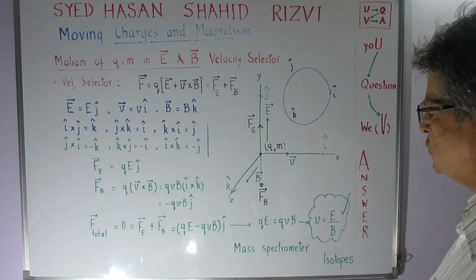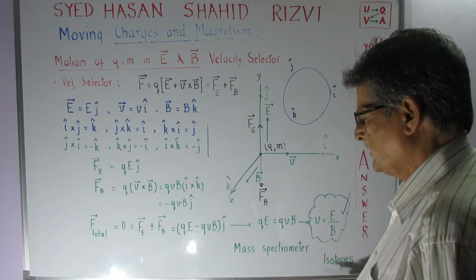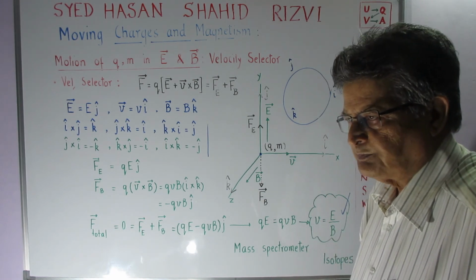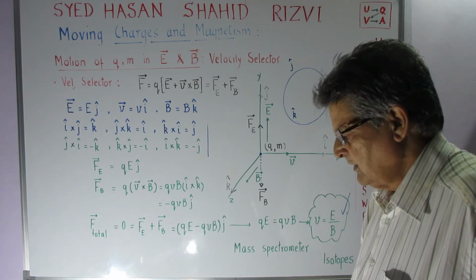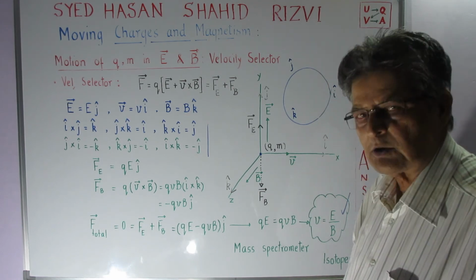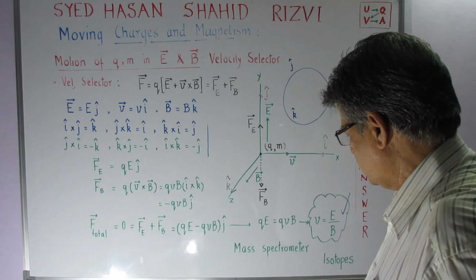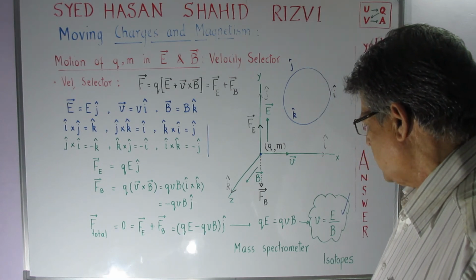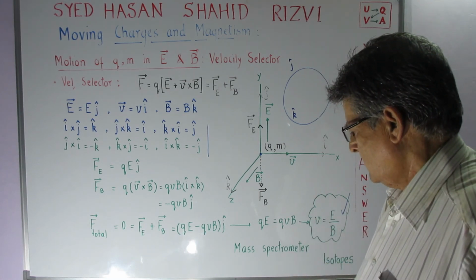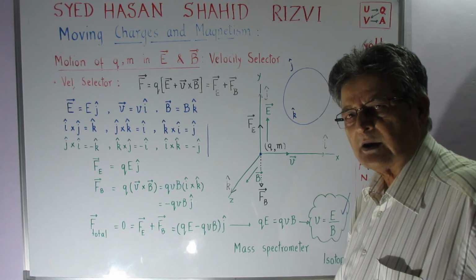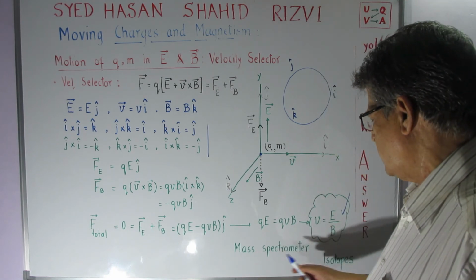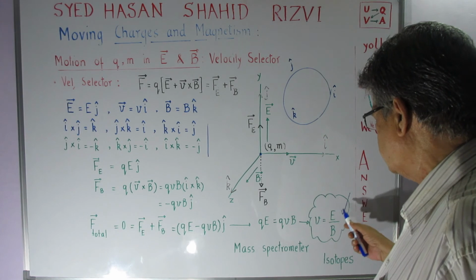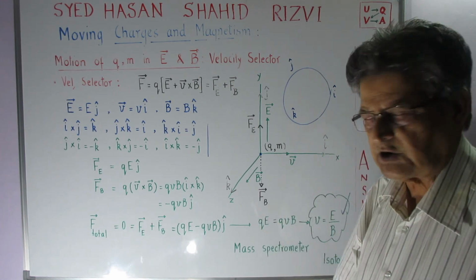Because what actually happens in a mass spectrometer is that we ionize the atoms of a particular kind using an atomizer, and then they are accelerated by electric fields, and then this velocity is selected for further action.